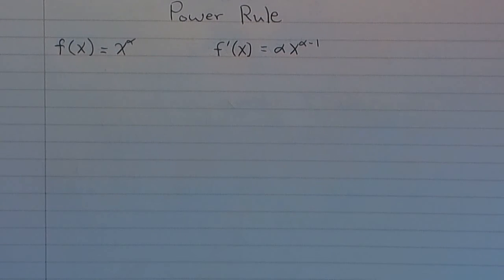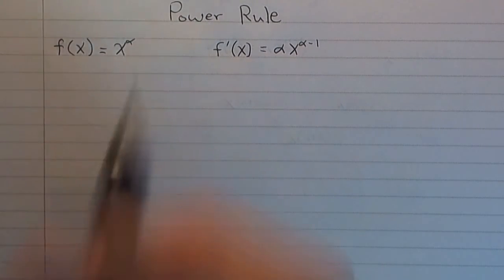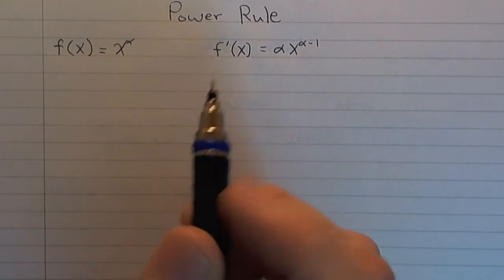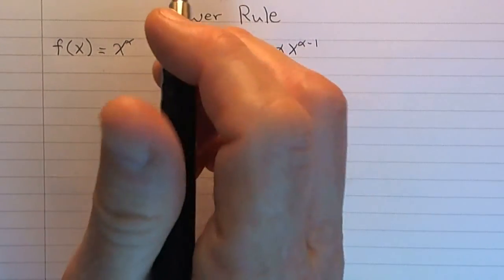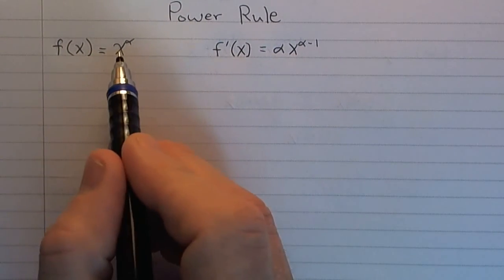Now, I want to show this is true as long as alpha is a positive integer, and then I'm going to show it's true if it's a negative integer. So, before I show that this formula works, I need to think about how we would find the derivative using the difference quotient.